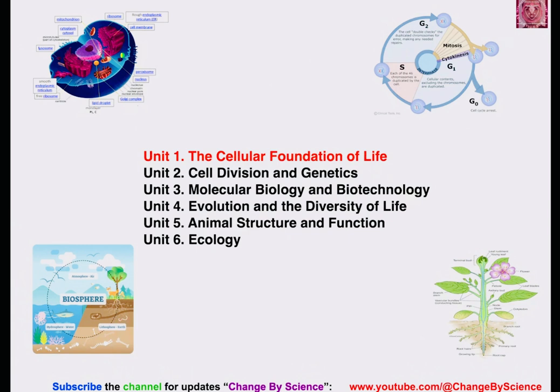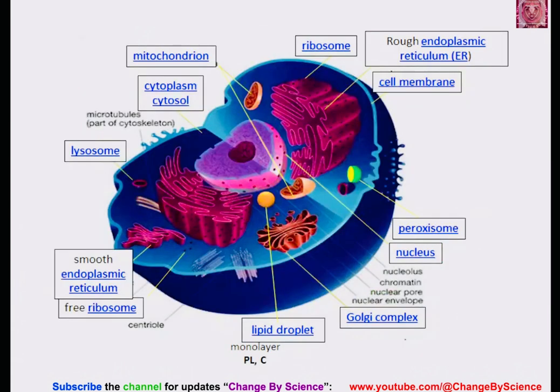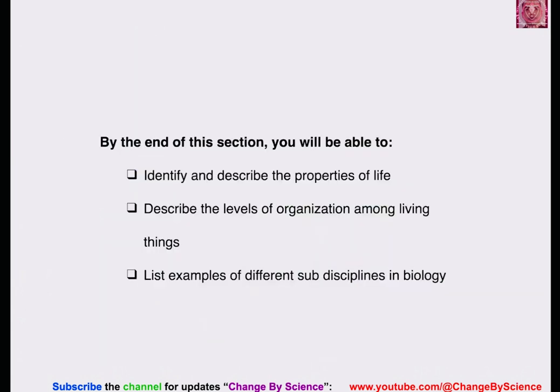Now, we enter into the first unit, that is the cellular foundation of life, where we will be covering the introduction to biology, chemistry of life, cell structure and function, how cells obtain energy, photosynthesis, and where you can understand the structure of a cell.